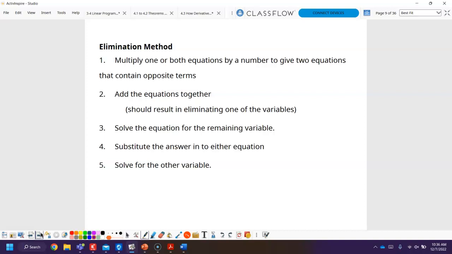We can do that by multiplying our equations so that they have additive inverses of each other. When I add them together, one variable should eliminate.